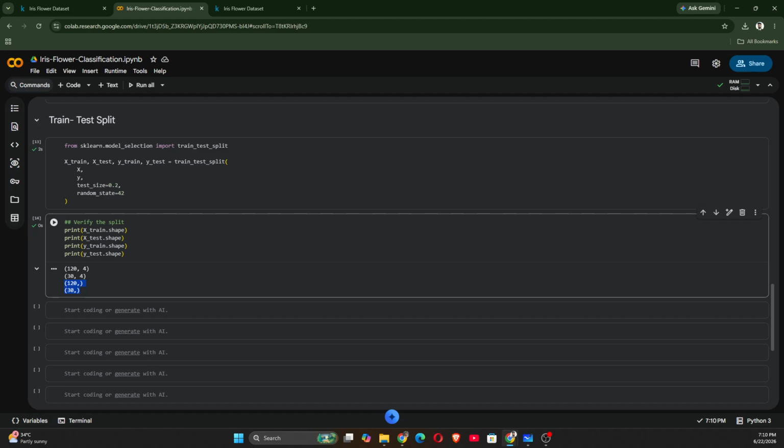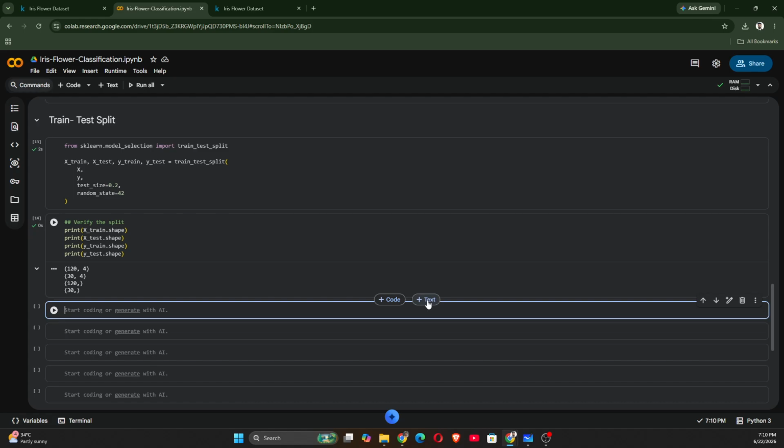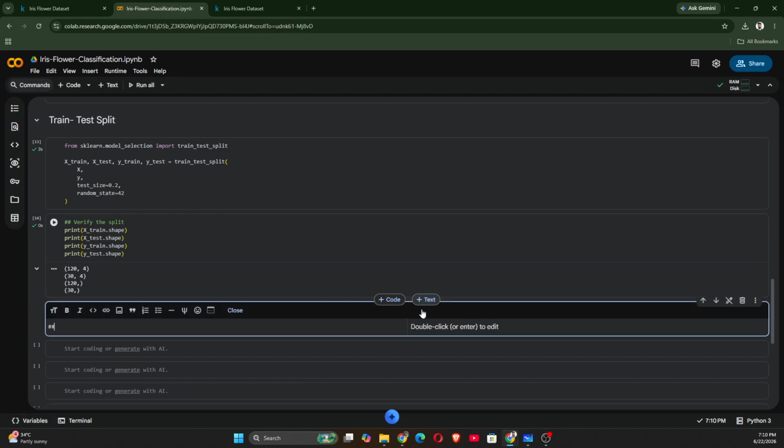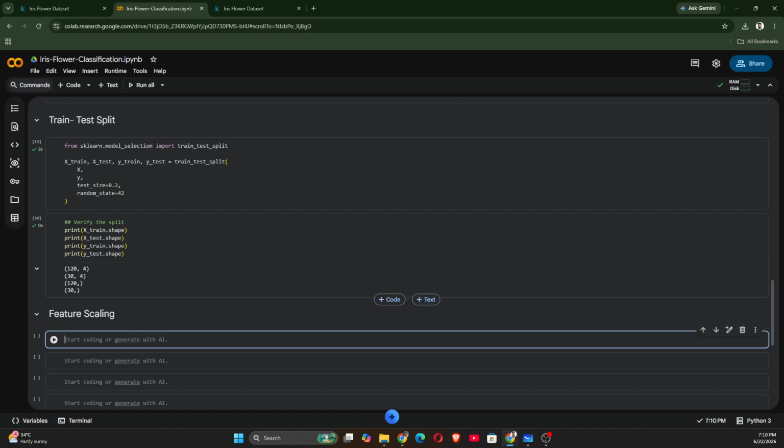Okay. Now a very important thing: feature scaling. So we are using the k nearest neighbors algorithm over here. Why k nearest neighbor? Because it is a classification algorithm.